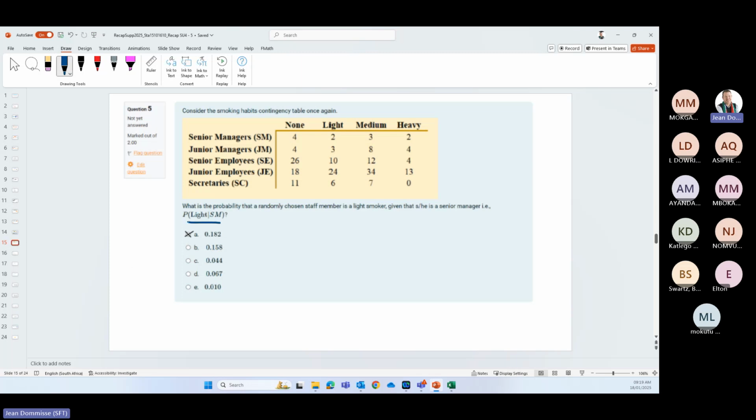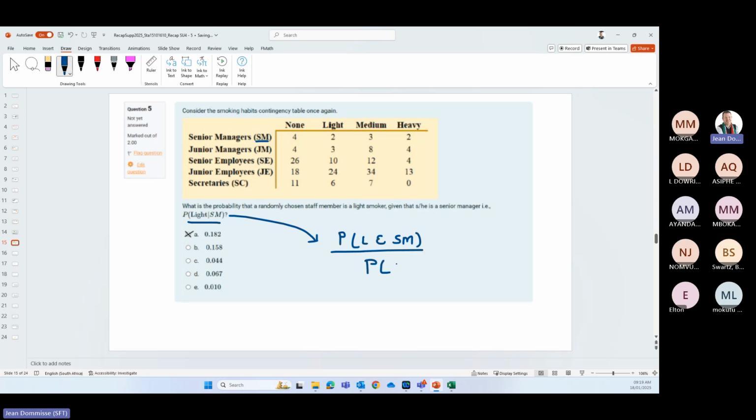The question is, what's the probability that the person is a light smoker given that the person is a senior manager? Okay, so again, the shortcut is the probability of light and senior manager divided by the probability of a senior manager.